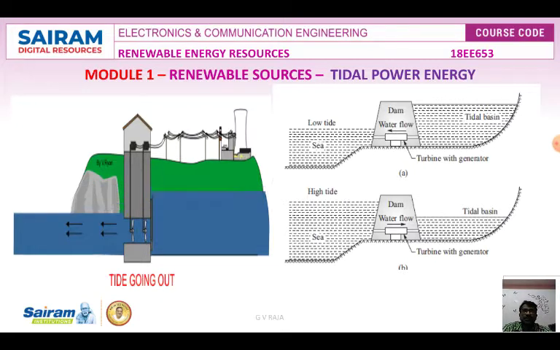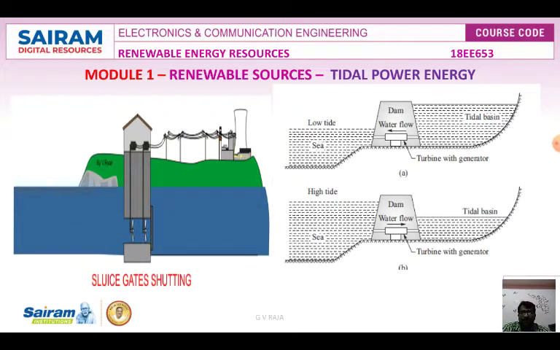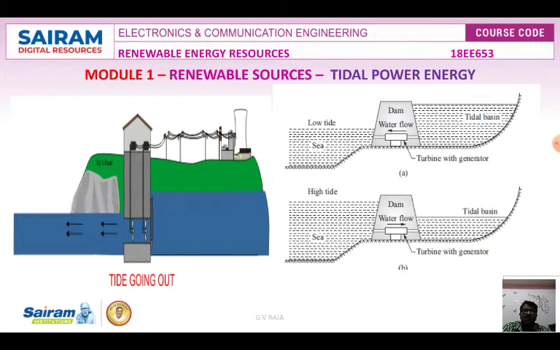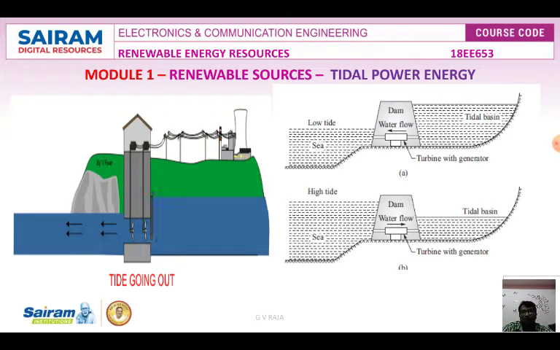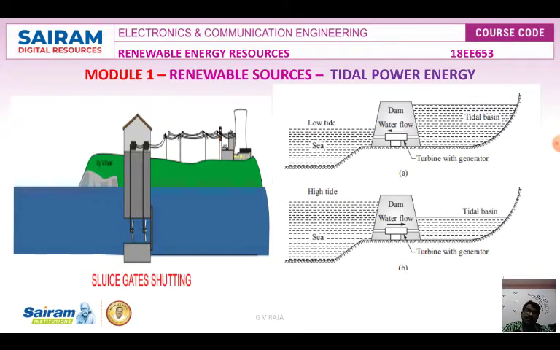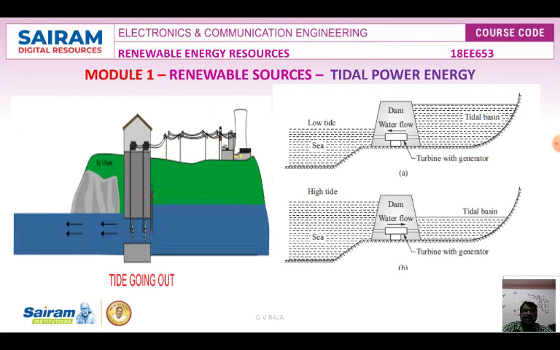The turbine has to rotate with varying water heads. The output power is variable, not fixed. At the same time, the construction of the dam will take more time, maybe 5 years or it may be 10 years, and construction is also costly.